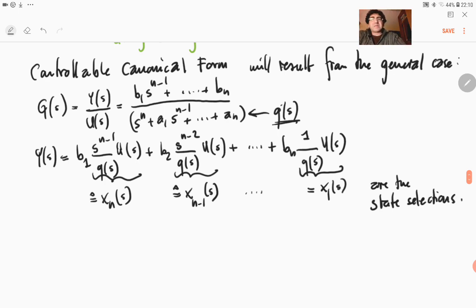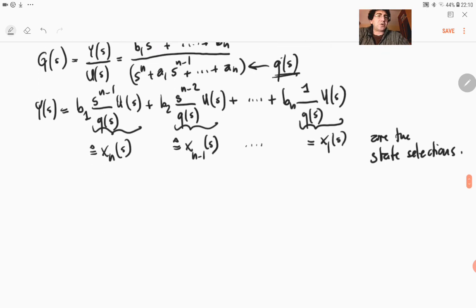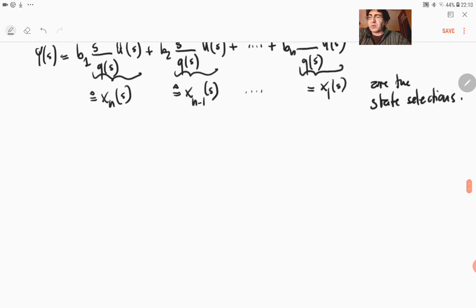So let's see what this gives us in terms of state space equations.